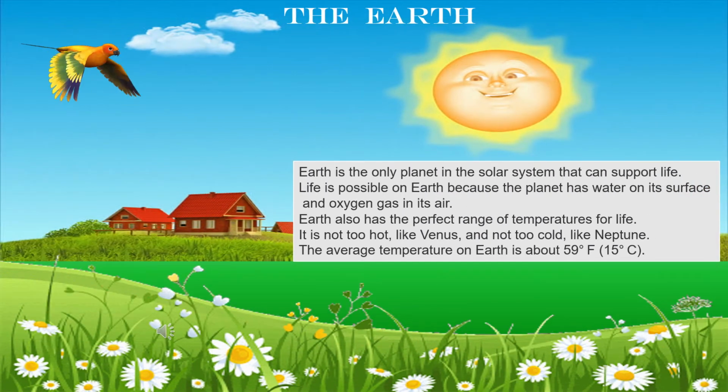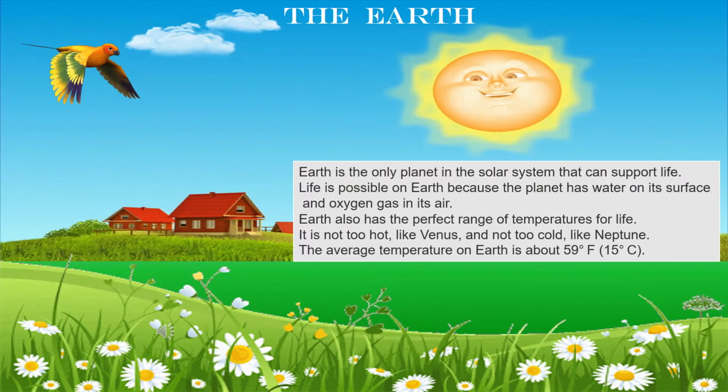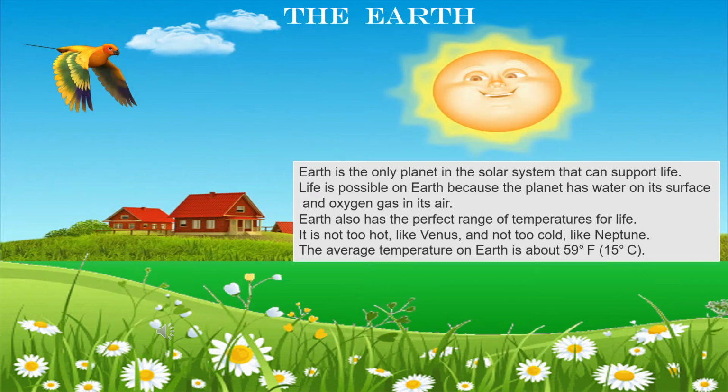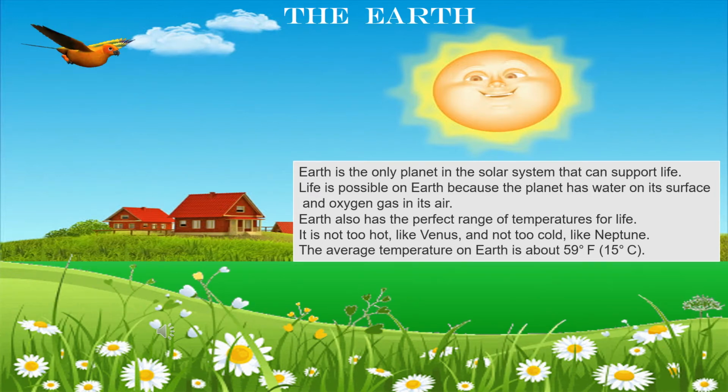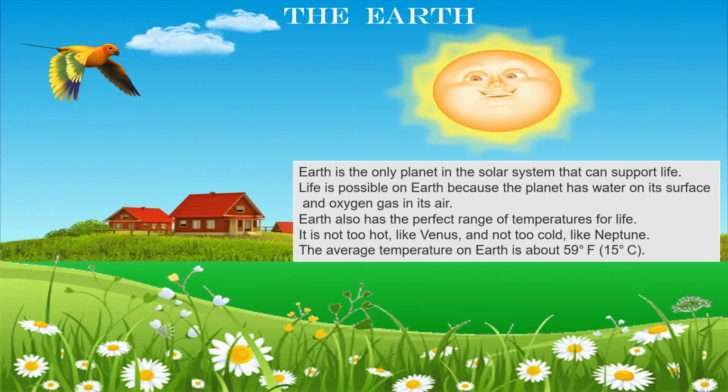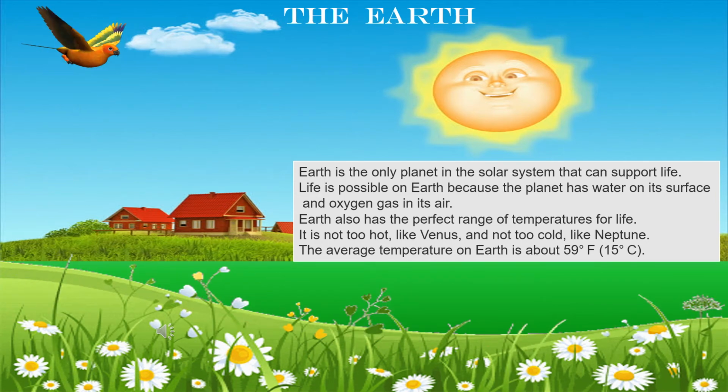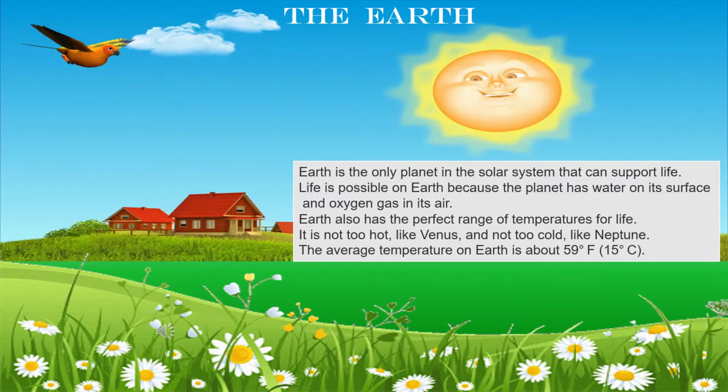So, dear students, we have learnt that there are 8 planets in the solar system, but life is possible only on our planet Earth. Why? Because the things that are required, the necessities of life, that are air and water, are present on only our planet Earth.